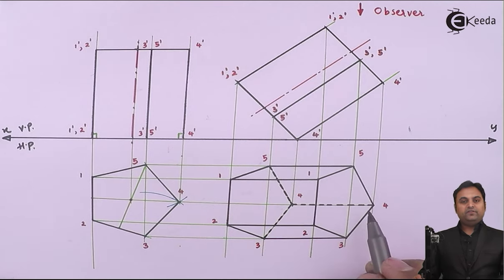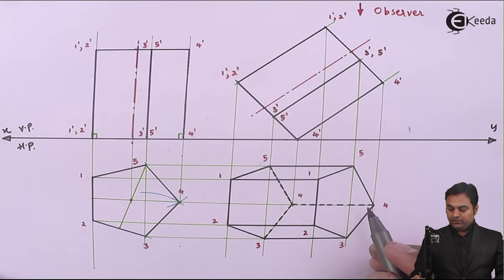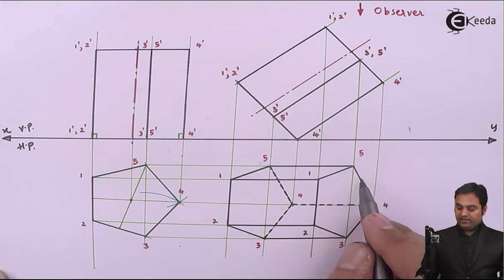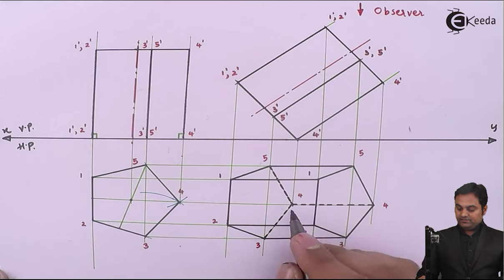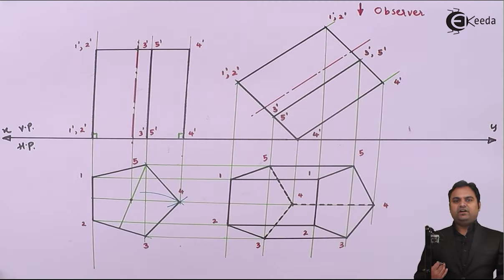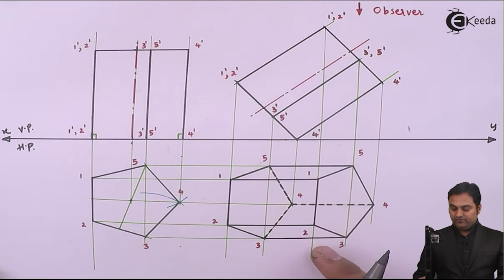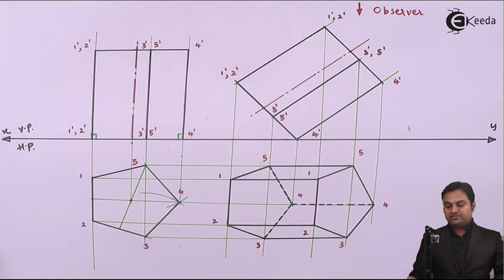Then two rectangular faces are hidden, going behind the observer, that is 4 5 and 4 dash 5 dash, and next 3 4 and 3 dash 4 dash. The remaining two rectangular faces are visible.